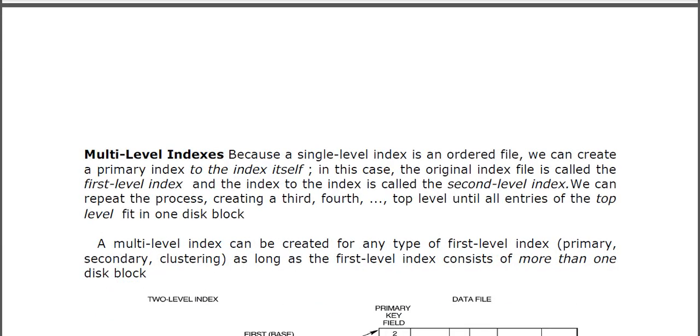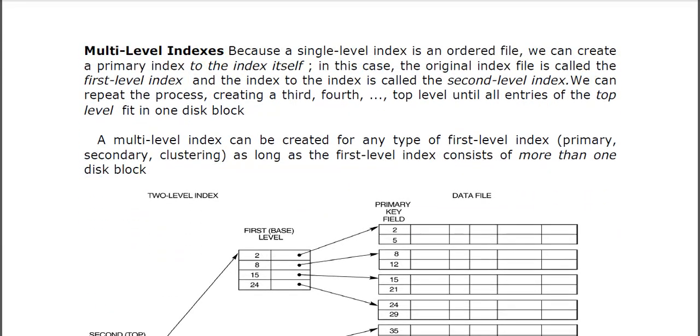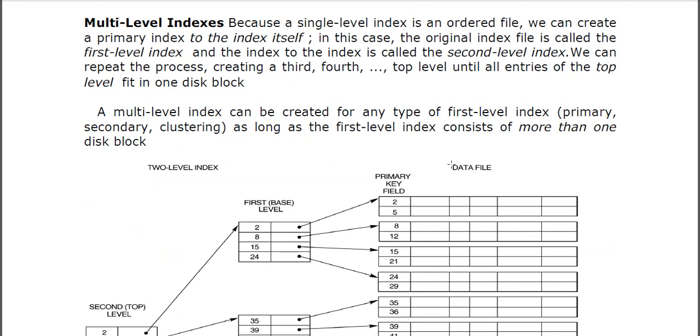So in multi-level indexing, so far we have seen the original data file and only one index file. That is, the index file is used at only one level, a single level indexing. But in multi-level indexing, the index file is created in multiple levels.